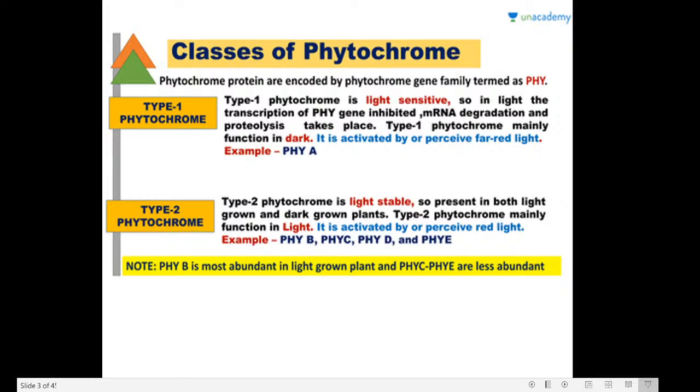It is activated by normal red light. So phytochrome 1 is activated by far red light, and phytochrome 2 is activated by red light. Examples for phytochrome 2 are phytochrome B, C, D and E.